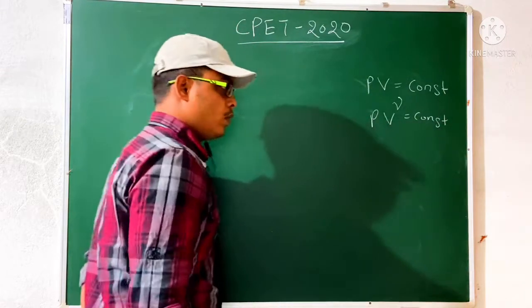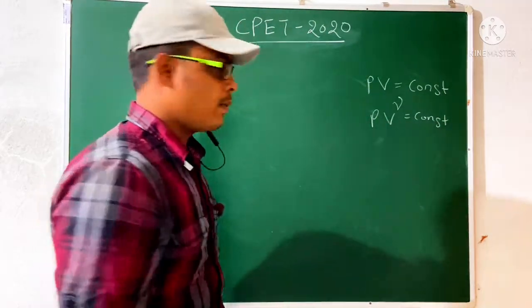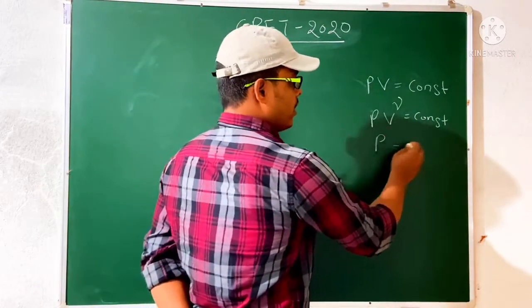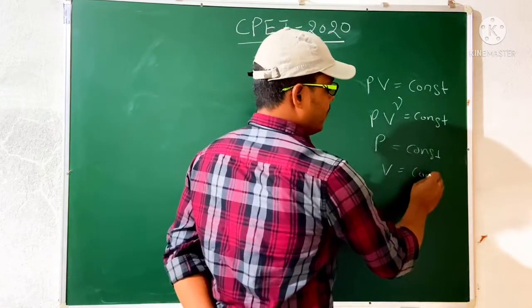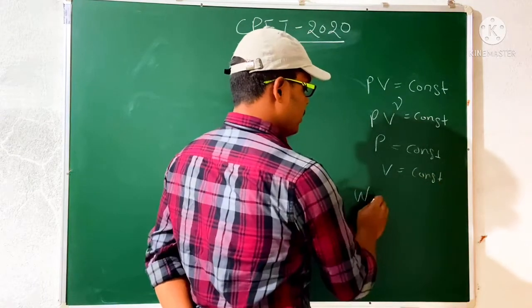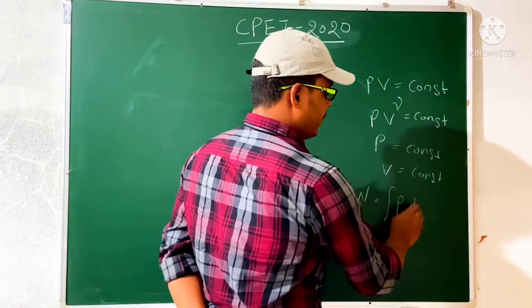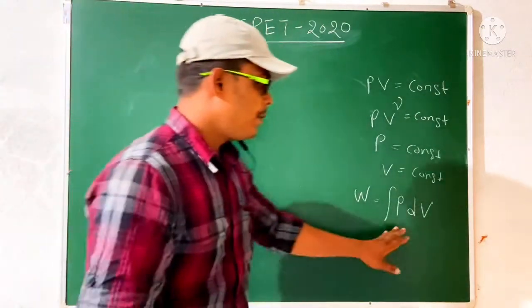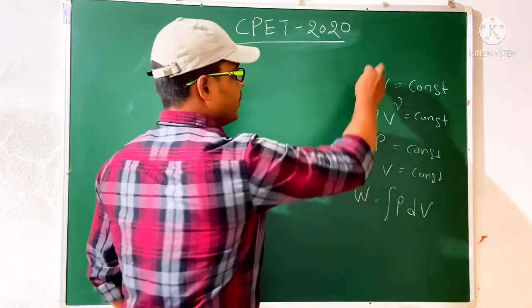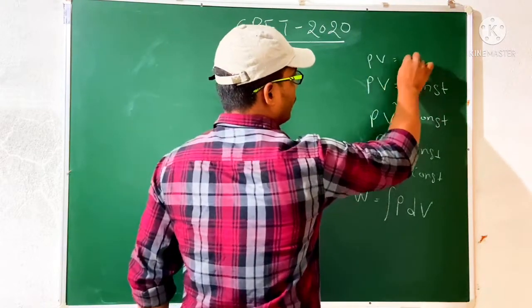Okay, so then your isobaric process, that is pressure constant, and your isochoric process, that is volume constant. And remember, what is the work done formula? This is nothing but integration of PdV. Okay, so the work done formula is integration of PdV, and another formula, that is PV equal to nRT.